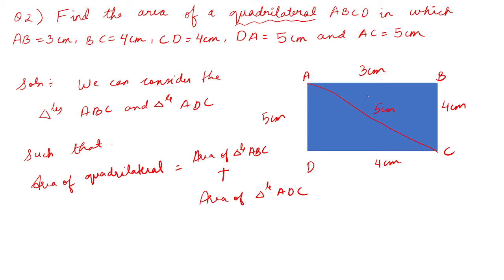That means if I'm able to find the area of this triangle and the area of this triangle, what do I do with them? I add them up, I will get the area of the entire quadrilateral. Clear? So let's focus on the first triangle. Therefore, for triangle ABC, we have AB as 3 centimeter, BC as 4 centimeter, and AC as 5 centimeter.